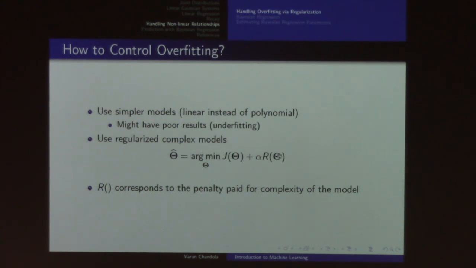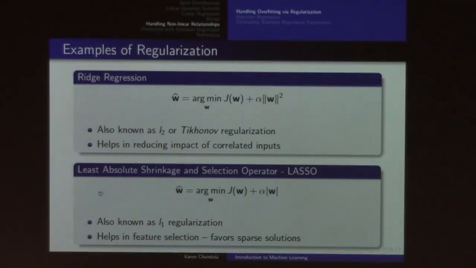So this optimization function will try to set a balance. It will try to do trade-offs. So it cannot go too complex, even though that makes this small, because if it does that, it would have to pay some penalty over here. So that is the idea behind regularization, right? R here is a general term, and then we will see how different R's can be used, all right? So these are two very popular examples of regularization. Here, what I have done is I have kept the weight, this is the loss function for regression.